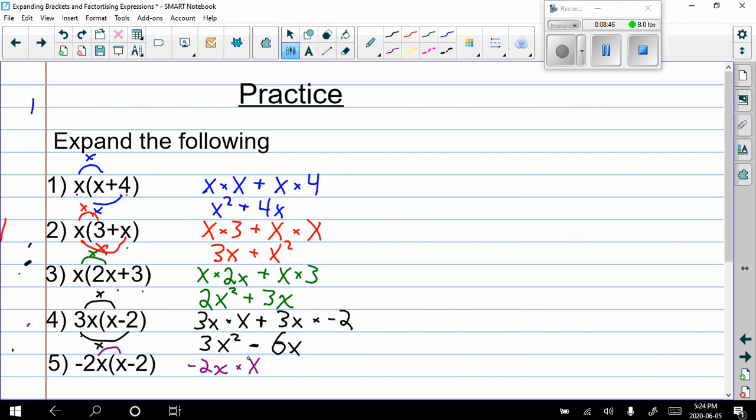And then we have plus negative 2x times negative 2. So x times x, again, is going to make x squared, and then we have negative 2 of them. Now here we have 2 times 2, which is 4, and we have that x, and then negative times a negative will make this positive. So in the end, we have negative 2x squared plus 4x.